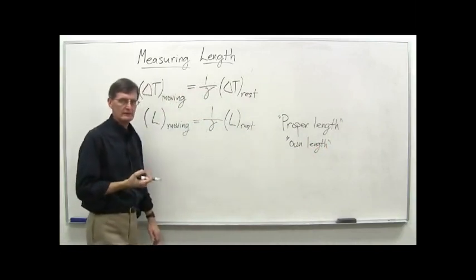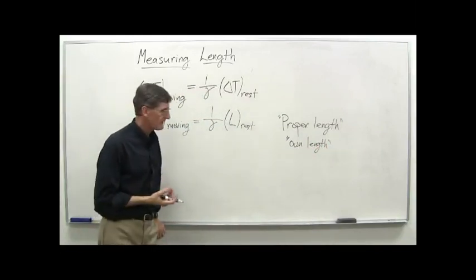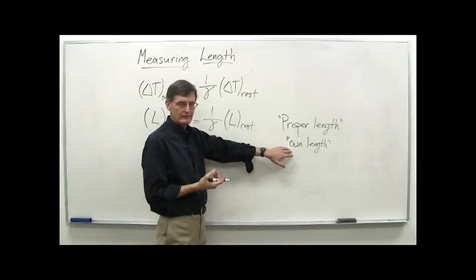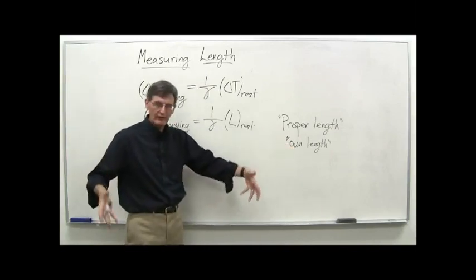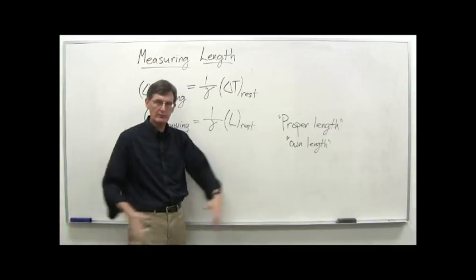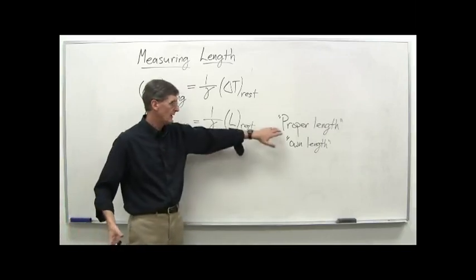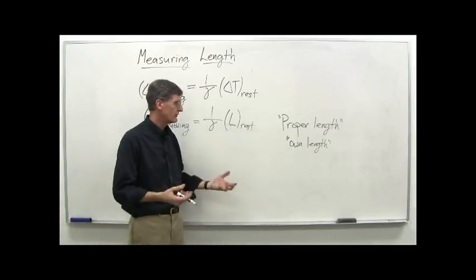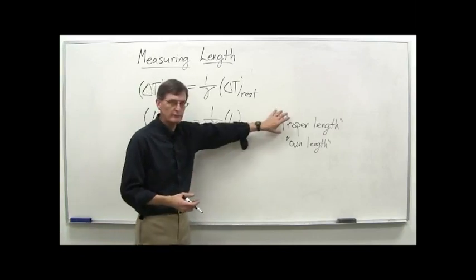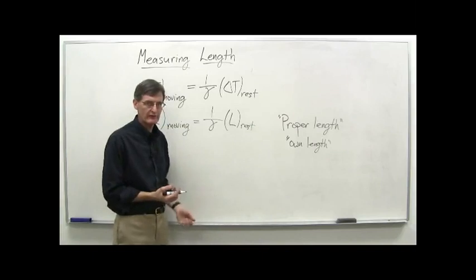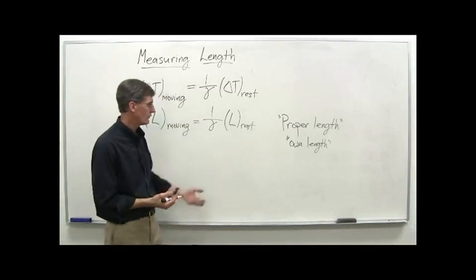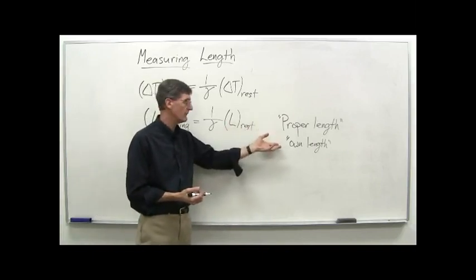Anyway, own length in English, I know that much. In other words, it's Bob's own length at rest as he measures his spaceship, or whatever he happens to be measuring. Proper length has connotations that if this is proper length, another length we might be talking about is improper, and that's not the case at all. So it's the length measured at rest.